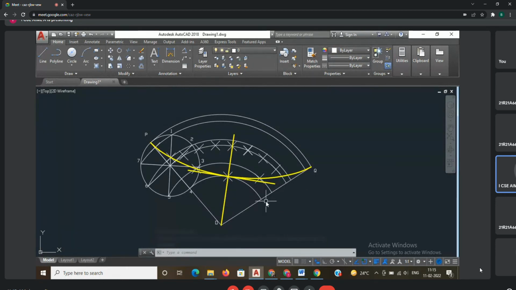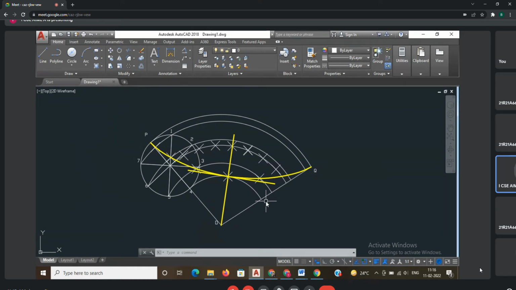The first one is if they don't mention the distance from the center of the directing circle for finding the tangent and normal. If they simply say to draw the tangent and normal by selecting any point on the hypocycloid, in this case you can draw like this.